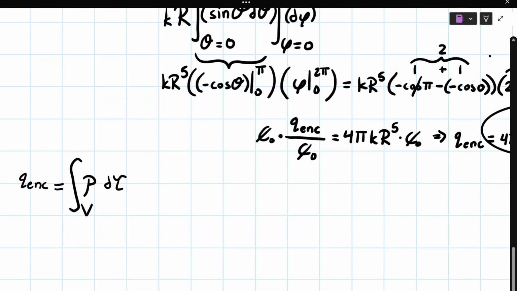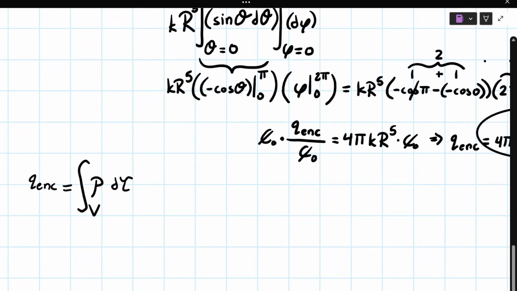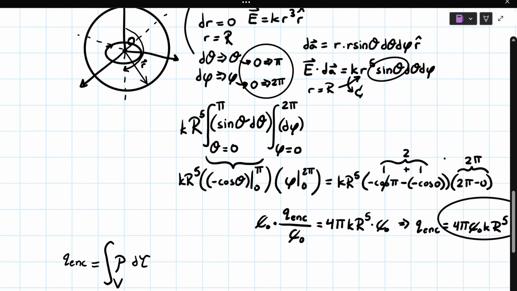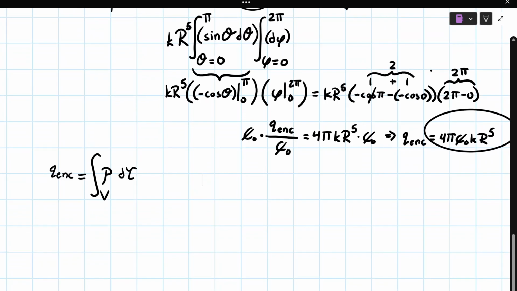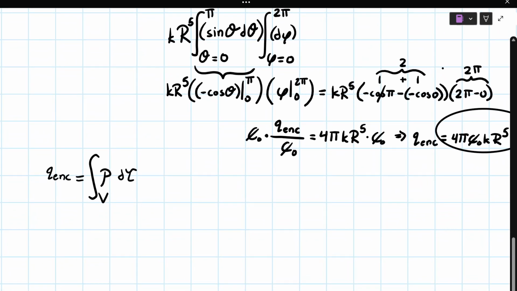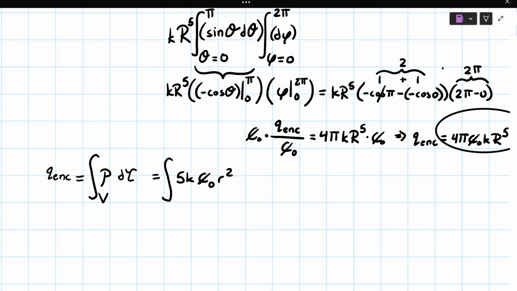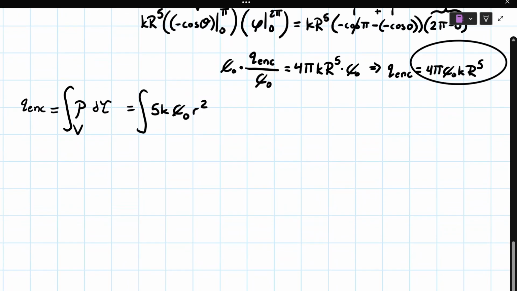Okay, so we find rho here, right? We had rho. Rho was 5k epsilon naught r squared. So let's just get that down here. 5k epsilon naught r squared. And now we want to find d tau, right?